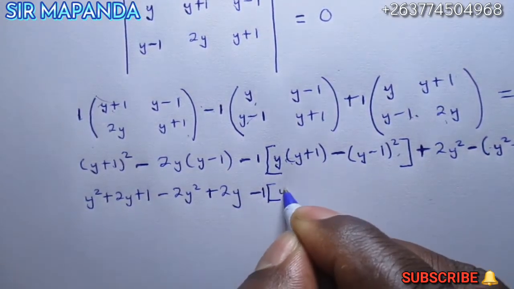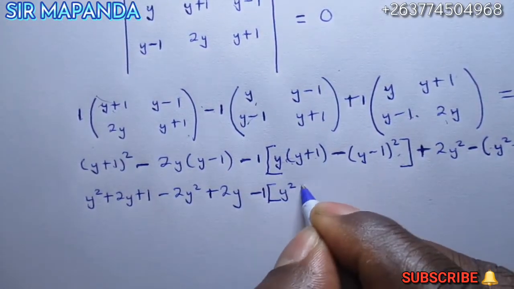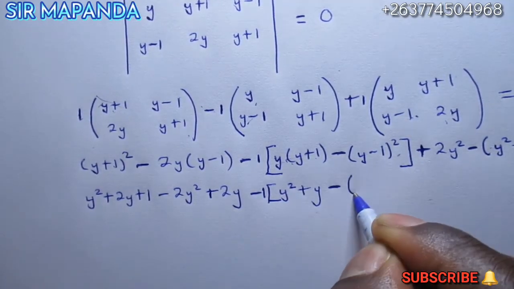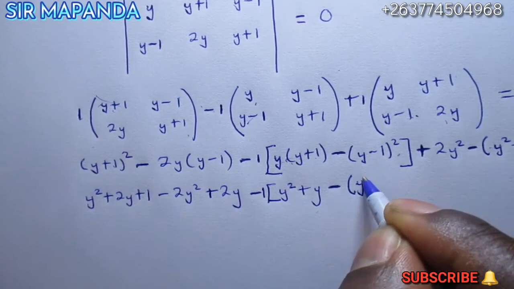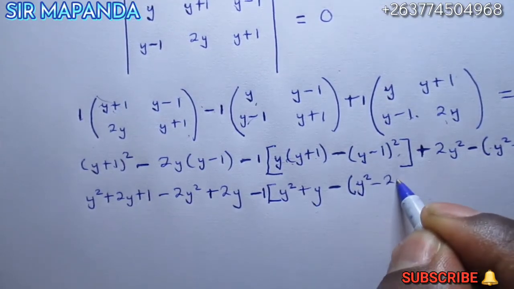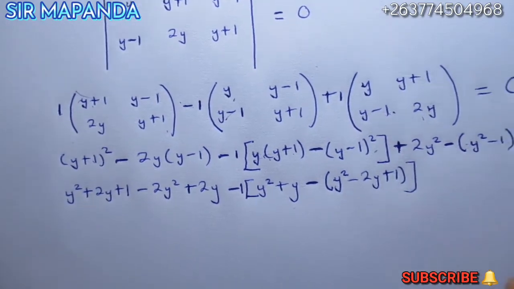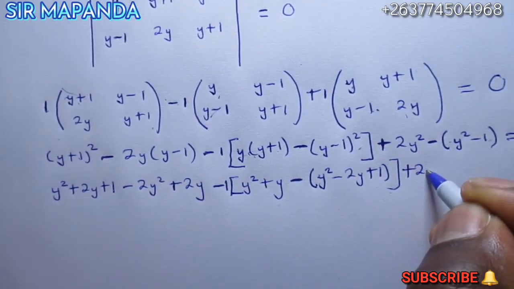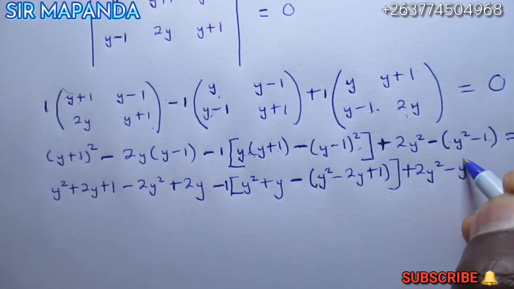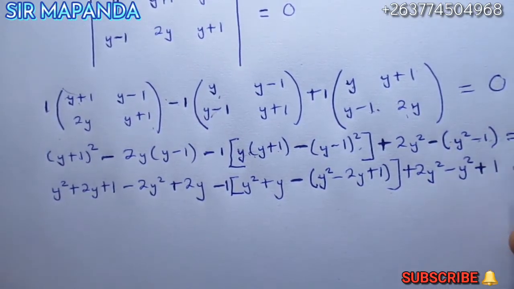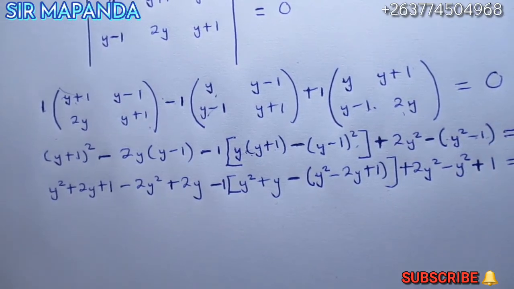So y times y, you get y squared. y times 1, you get y. Then you put negative, then you put open bracket. You get y squared minus 2y plus 1, something like this, plus 2y squared minus y squared. Minus and minus, they give you plus 1. Then you equate it to what? To 0. I hope you are following, class.